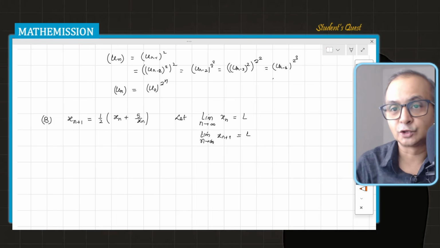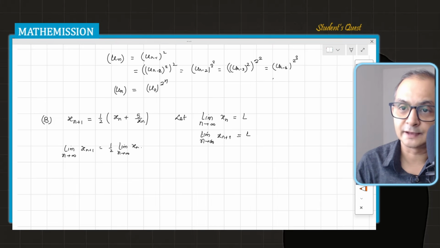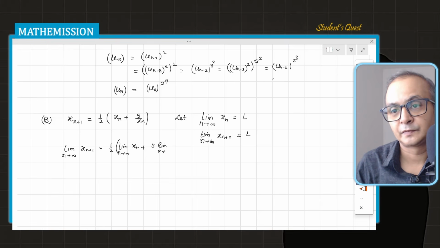So I can substitute L there, means I'm just going to apply the limit here: limit n tends to infinity of half xn, plus 5 times limit n tends to infinity of 1 by xn.